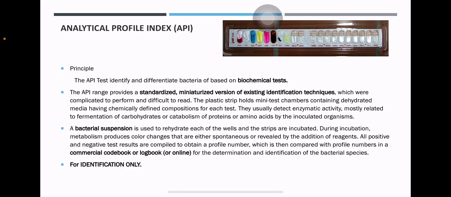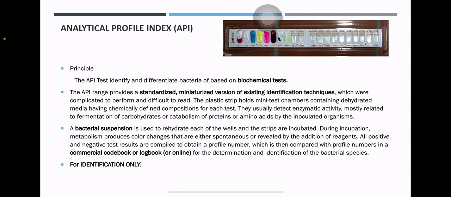Please take note of this important key idea that your API is for identification only and not for AST. Again, your API tests many biochemical reactions at the same time. The organism changes the colors in the wells, and then you convert these into a profile number, and the number tells you the species.